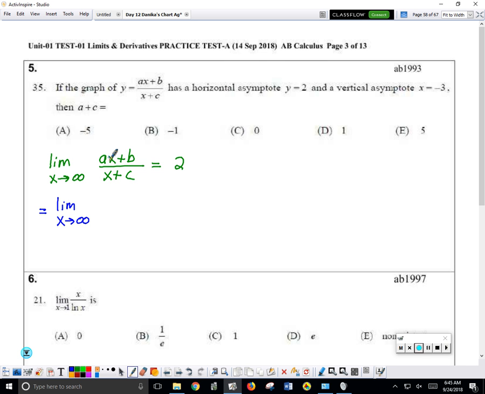The idea is that this is going to keep growing forever. So as this gets larger and larger, multiplied by a, this will get larger and larger. Then we're just adding something, but compared, this will dominate. So the new limit problem you create looks like this.